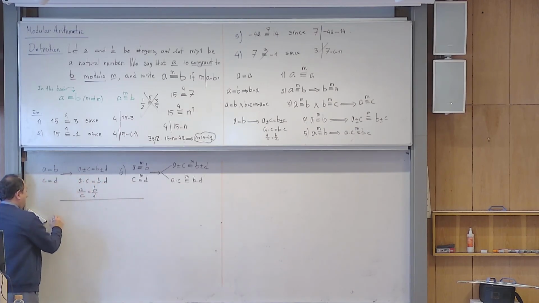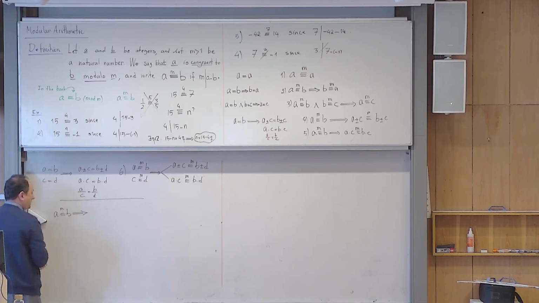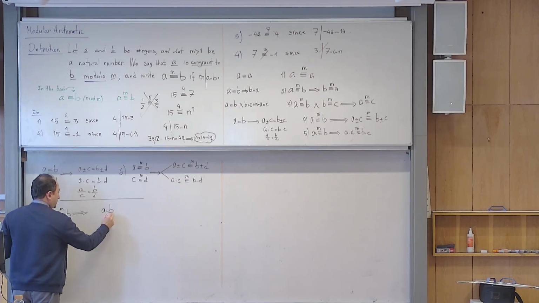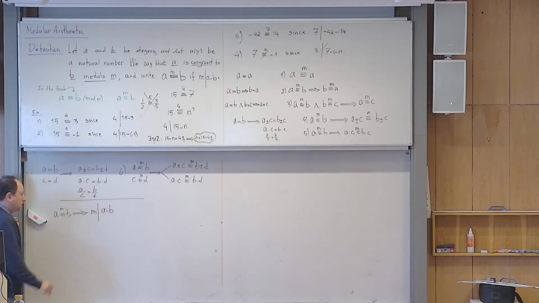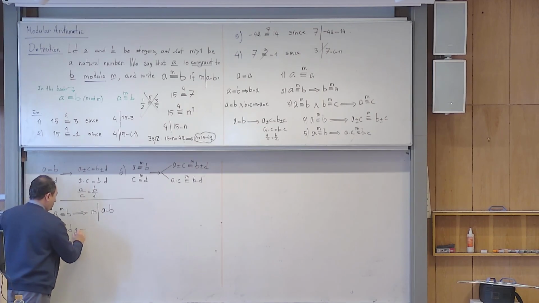You are telling me that A is congruent to B, so I can use it. How should I use it? There is only one way I can use it, and that is the definition. What is the meaning of this? The meaning is that the number on the left minus the number on the right is divisible by the number on top. And when you tell me that C is congruent to D modulo M, I can conclude the same thing.